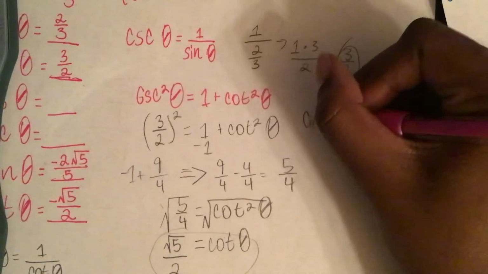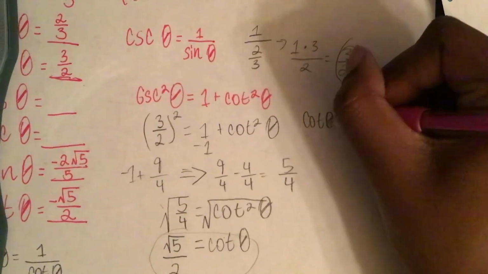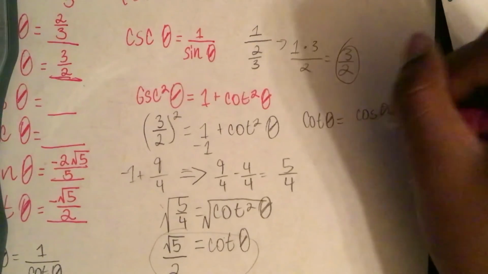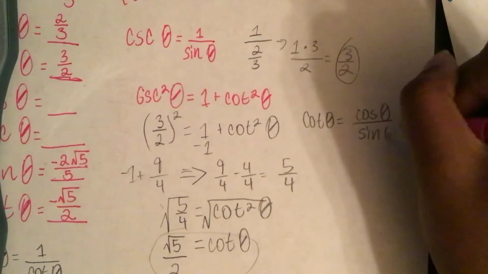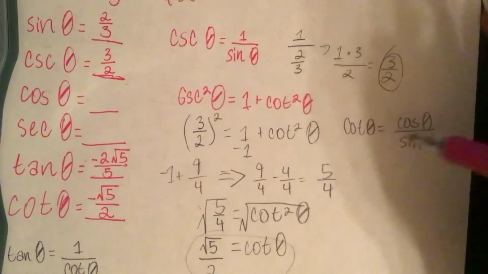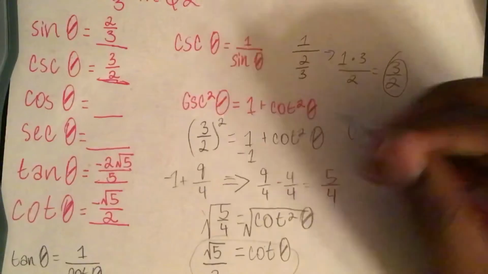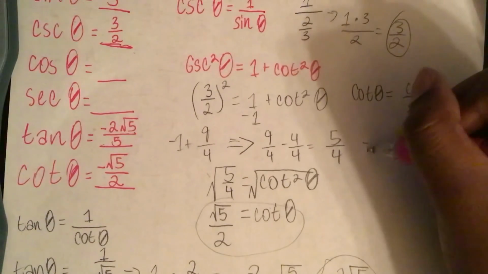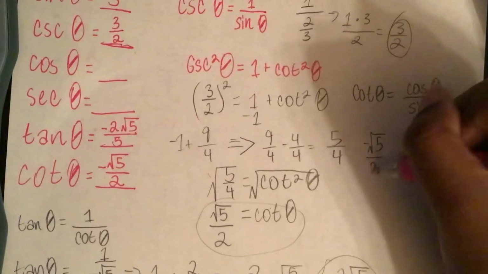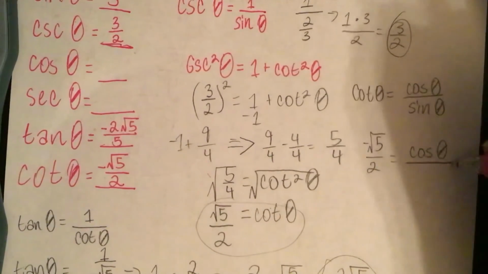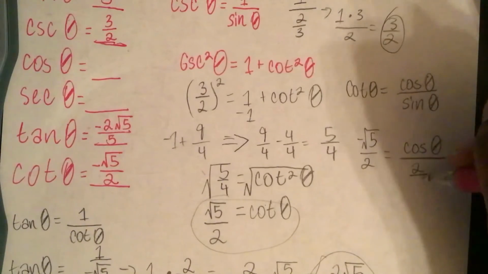So cotangent of theta equals the cosine of theta over sine of theta. And the cosine of theta, we don't know, but we know the cotangent and we know the sine. So negative square root of 5 over 2 is going to equal the cosine of theta over 2/3.